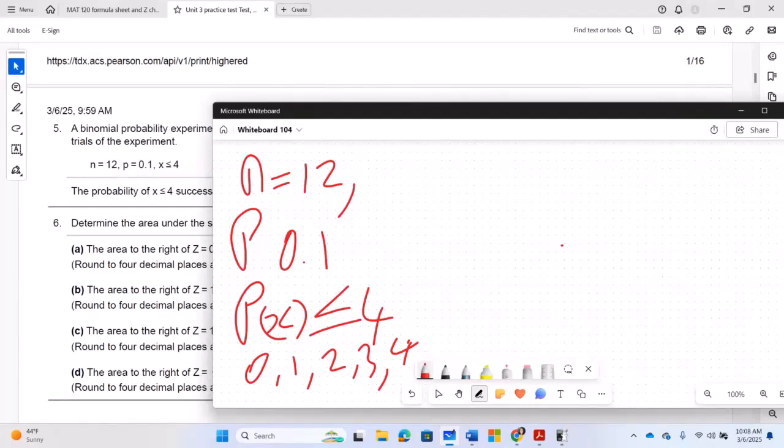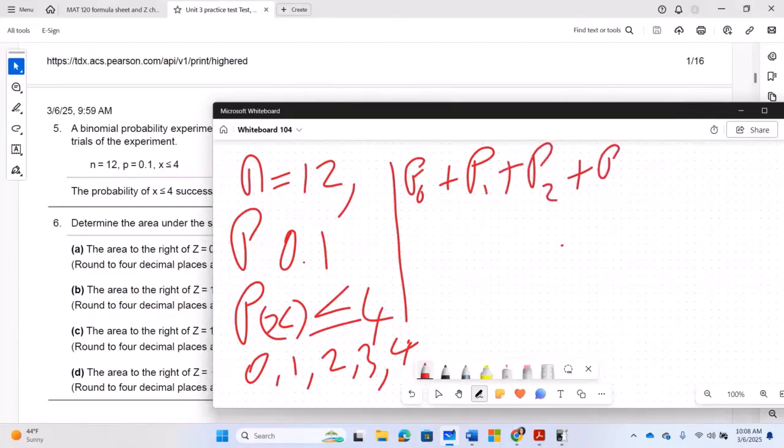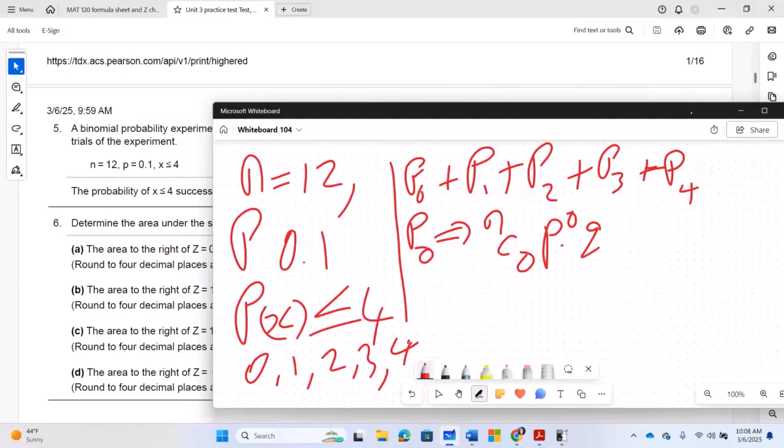And when I'm going to calculate it, I will find P0 plus P1 plus P2 plus P3 plus P4. Okay, if you watch the video from last class, you know that P0 is n combination 0, success to power 0, failure to power n minus 0. I'm going to rewrite it.